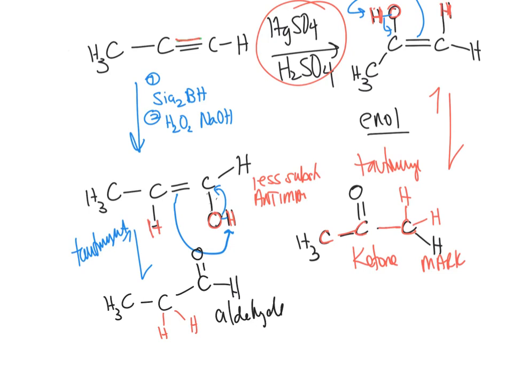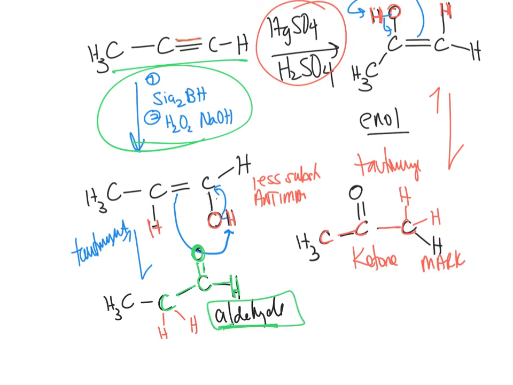Do you see that your carbonyl carbon is bonded to a carbon, but also bonded to a hydrogen? That's an aldehyde. And so terminal alkynes, with the diisoamyl boron reagent, give you aldehydes. With the mercury sulfate and sulfuric acid, you get the ketone.